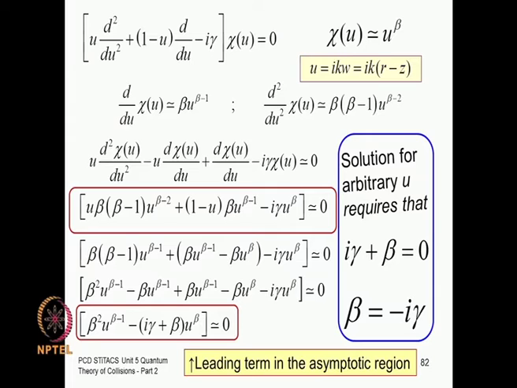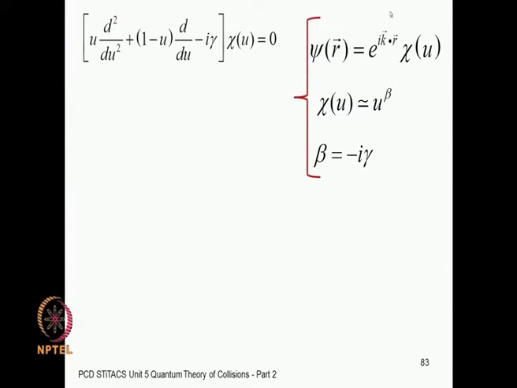This is one solution, we need one more. So, let us have a look at this solution. This is the first solution. Your solution is a product of chi and this function of z, which is e to the ikz, since r cos theta is z.